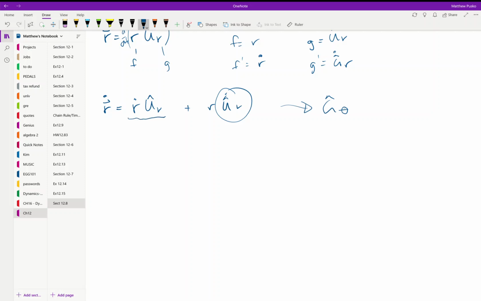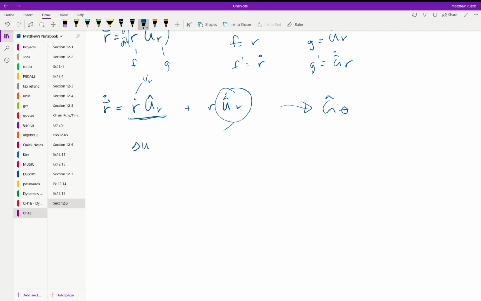This one, we can analyze right now. Think of that piston or shock moving in and out with some velocity in the radial direction, pointed in the direction of the unit vector r. That is this component right here, but we need to break up what this is just a little bit.